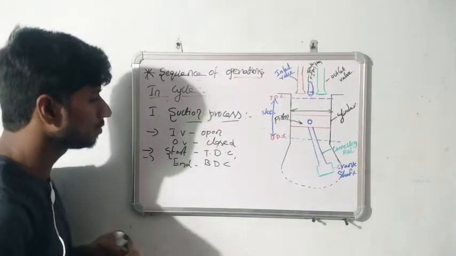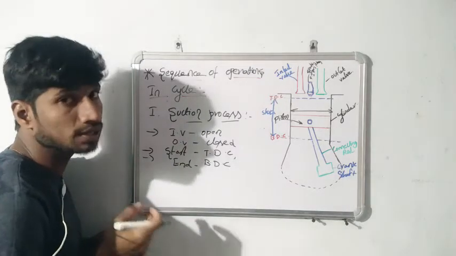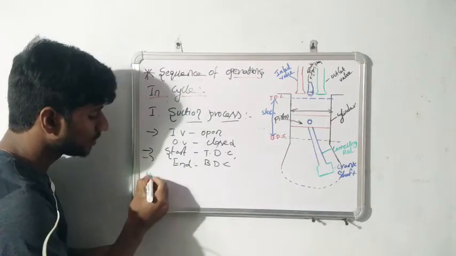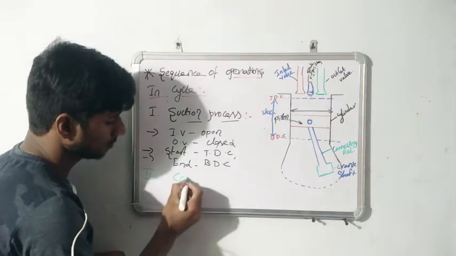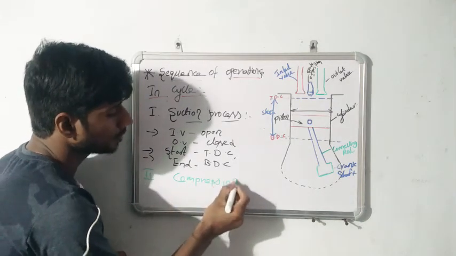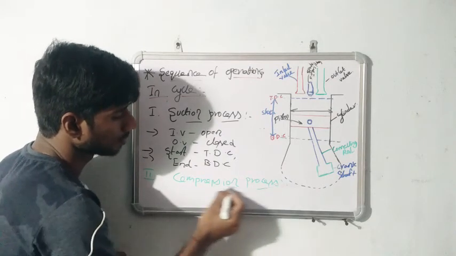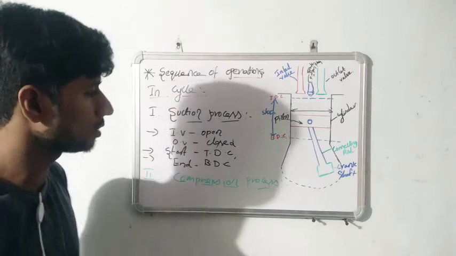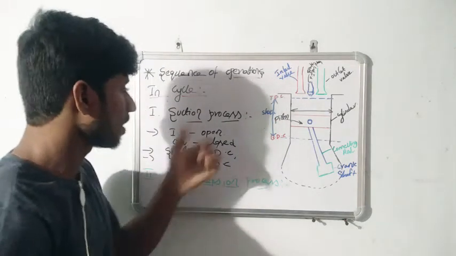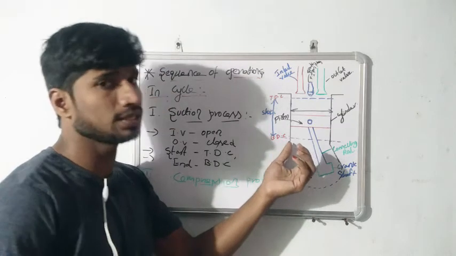And go to the next one. After completion of this suction stroke, the next process is the compression process. Let's see what happens in this process. After completion of the suction process, the piston reaches BDC.